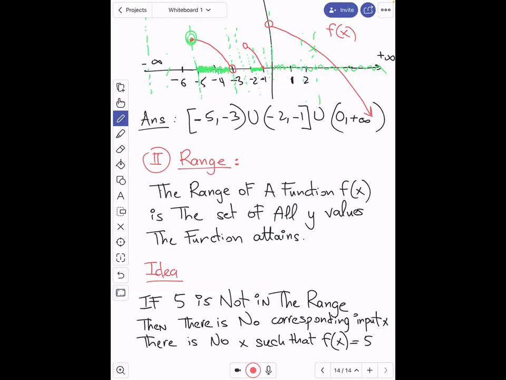Okay, so there is no such x. There's no x for which f of x is equal to 5. Okay, that's what I mean if 5 is not in the range. Okay, 5 is not in the range.